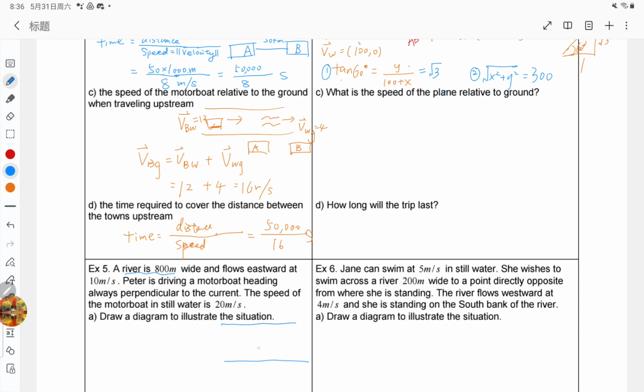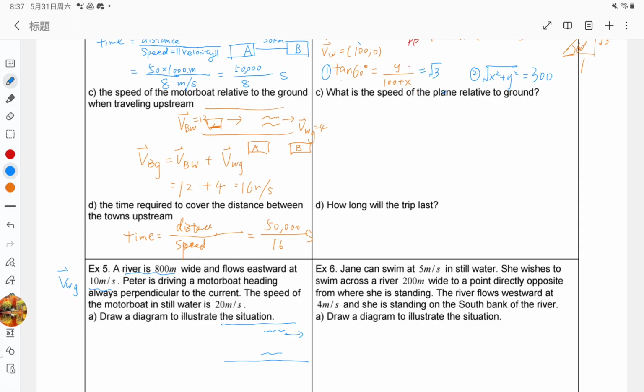Eastward, we know that this is V water, the velocity of the water relative to the ground. And then Peter is driving a motorboat heading always perpendicular to the current, and the speed in still water is 12 meters per second.